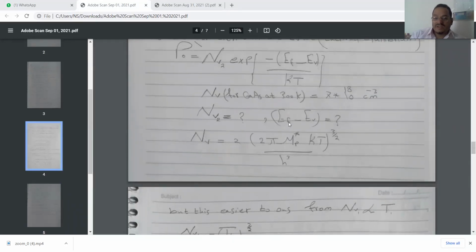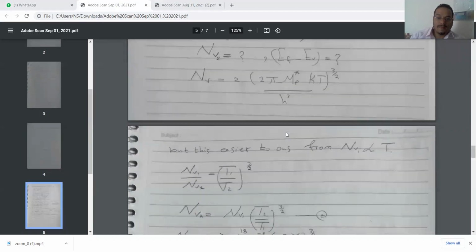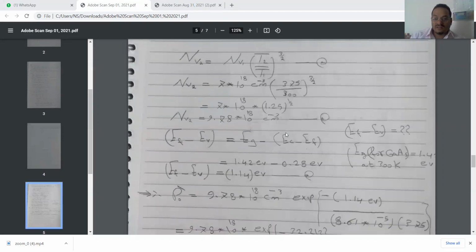Now we must calculate the difference between the Fermi level and the valence band to find the last result for the new concentration of holes at the valence band.